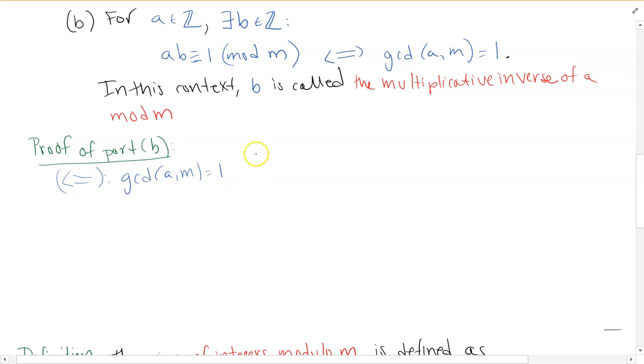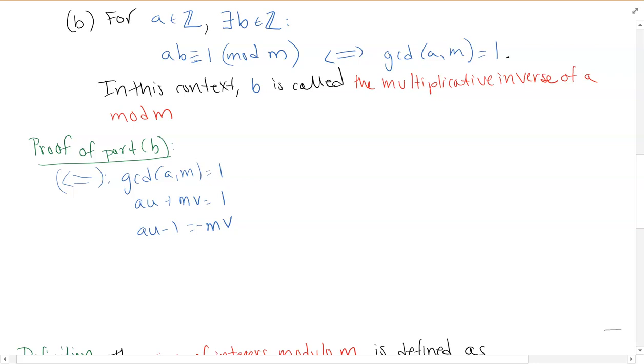Then what this means is that we can take A times U plus M times V equal to 1. Then I'm going to move the MV to the other side, and the 1 to the other side. AU minus 1 is equal to negative M times V.